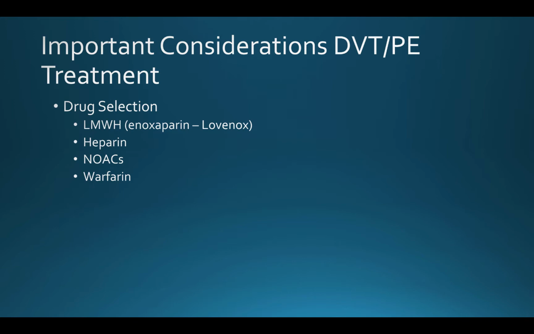And bridging is no fun. Nobody really likes to do it if we can at all avoid it. Life is simpler if we don't have to do it. So in the setting of bridging, you've got to start a Lovenox, and you've got to bridge to warfarin and take some time to get that INR elevated. So that's the challenge with warfarin there. And I think you're seeing a lot less of warfarin, particularly in DVT-PE.